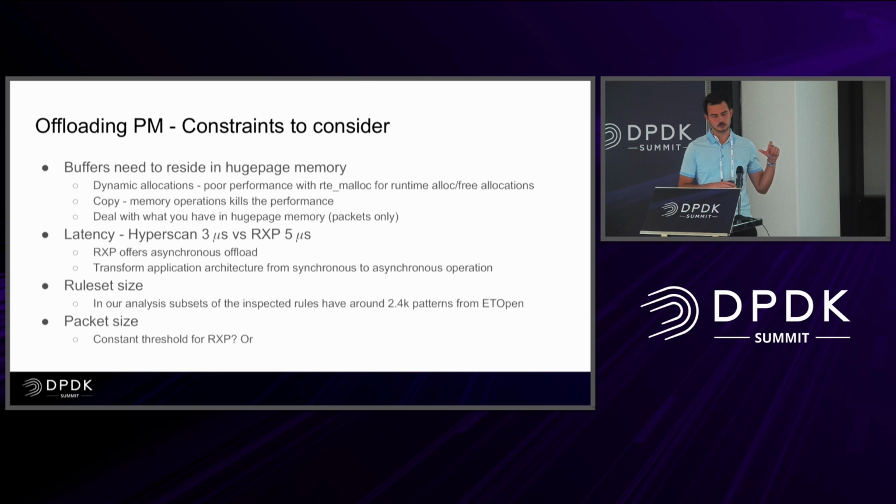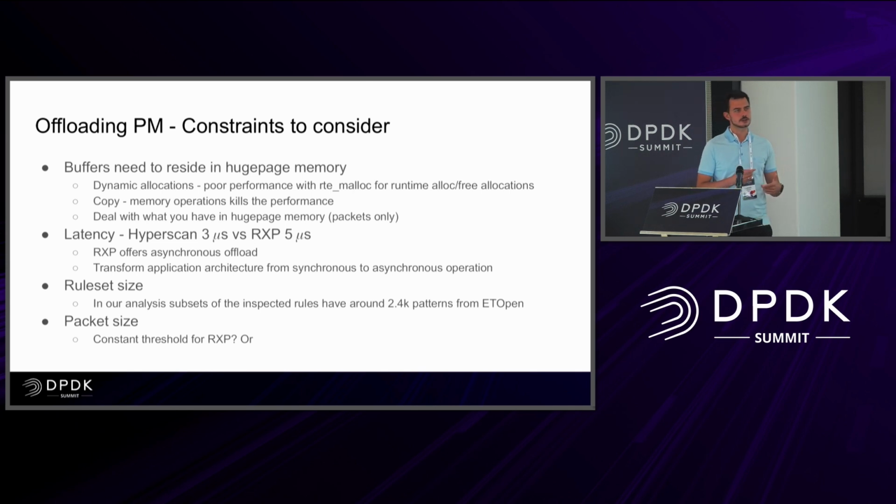So when we wanted to offload the pattern matching operation, we had some constraints to consider. I didn't mention this, but for RXP, you need to have the inspected buffers in the huge page memory. Generally, Suricata uses the regular malloc and free operation. It dynamically allocates the memory during runtime.